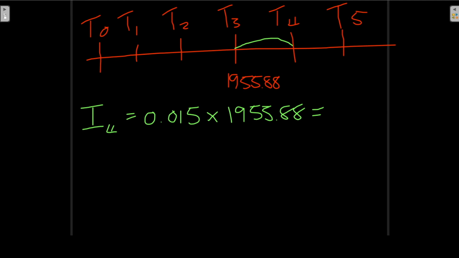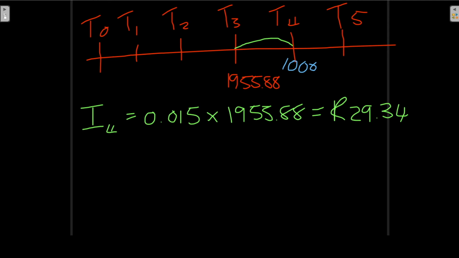And therefore my interest part during the fourth time period is equal to 29 rands and 34 cents. So when I make my payment at time T4, part of that 1,000 rands will be interest and part of that will be capital.